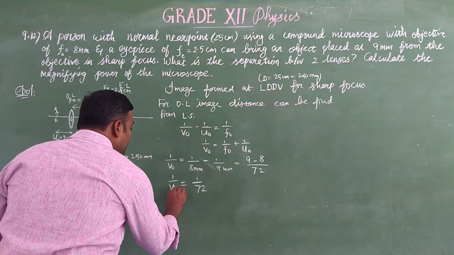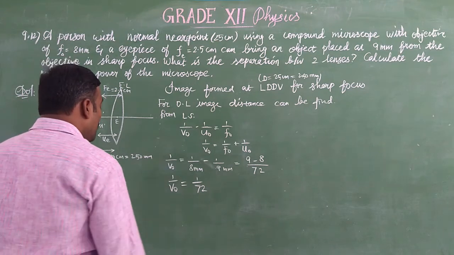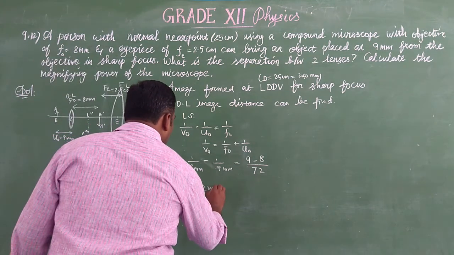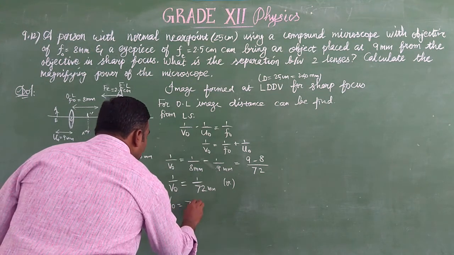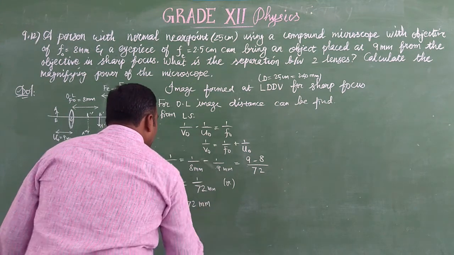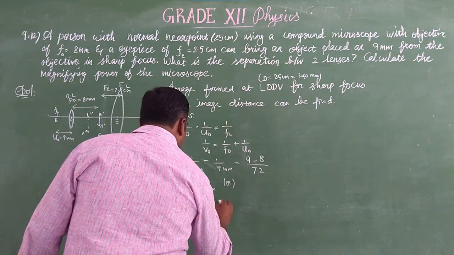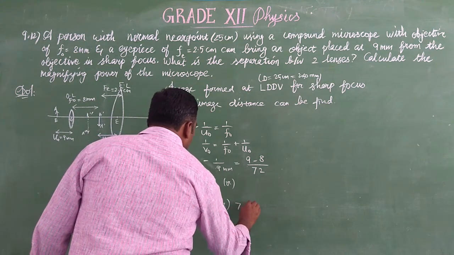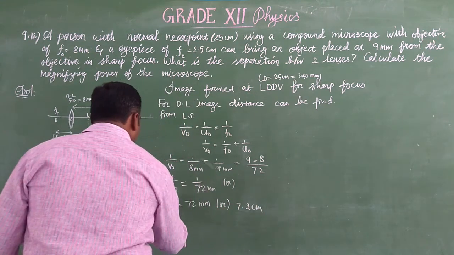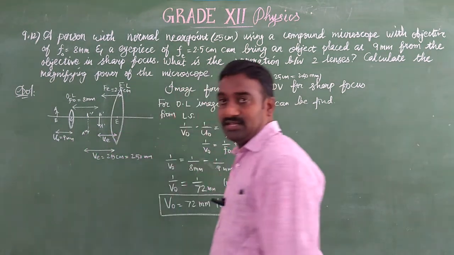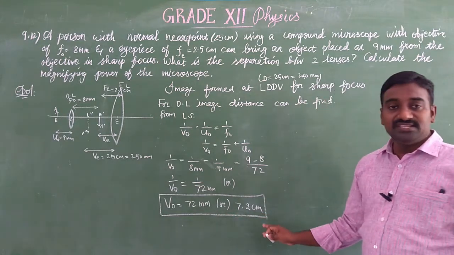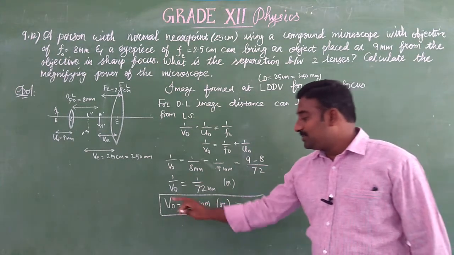Therefore, 1 by v naught is equal to 1 by 72 millimeter, or v naught is equal to 72 millimeter. In centimeter, it is 7.2 centimeter. So we obtain the image distance for the objective lens.